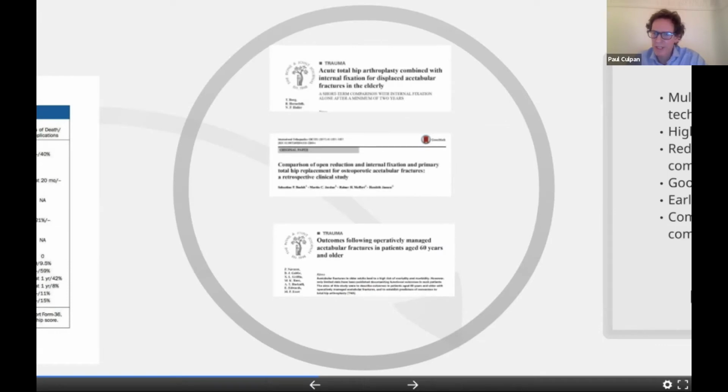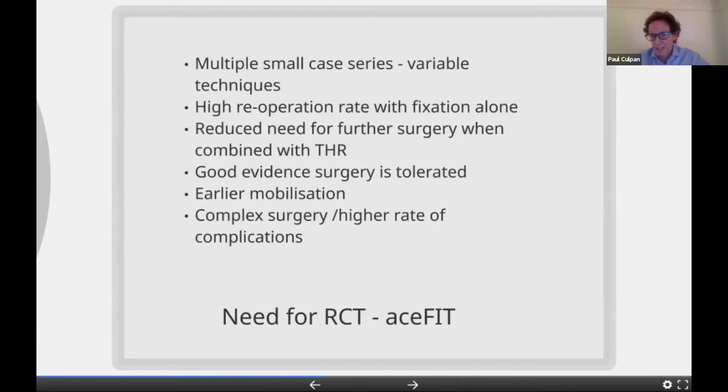More recent case studies are being produced fairly regularly, and there's, I guess, further evidence that it permits earlier mobilization and earlier return to function, and more favorable clinical results. But really, what we don't have is any strong evidence to guide us one way or another.